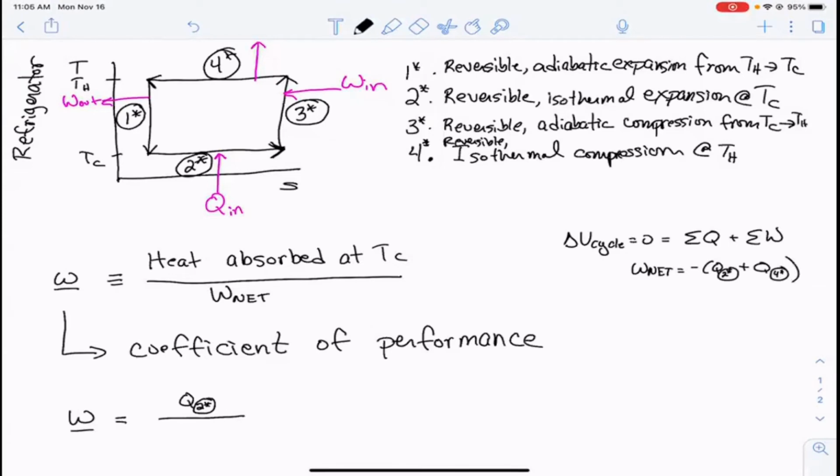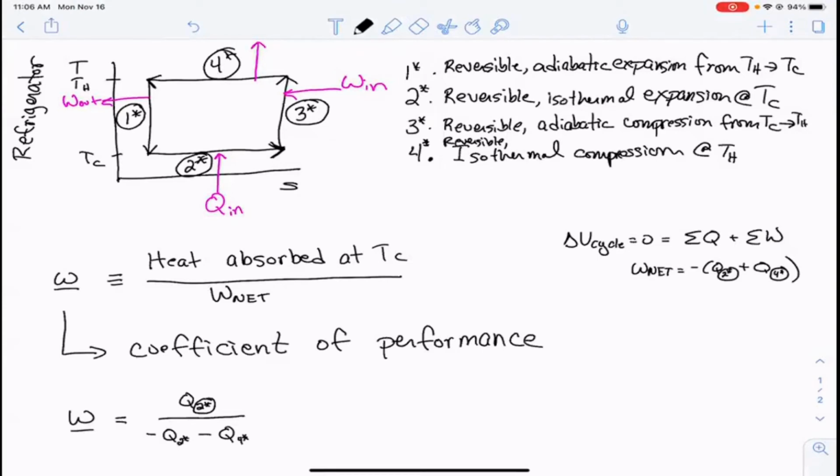And so then that makes this minus Q2 star minus Q4 star, okay?